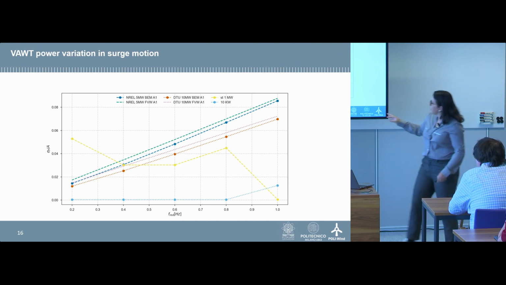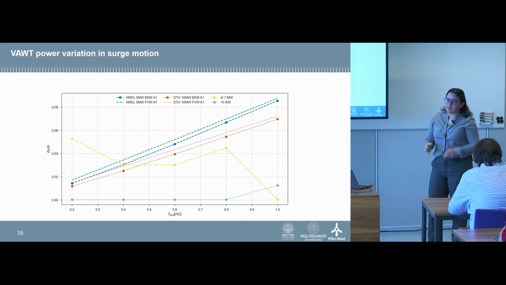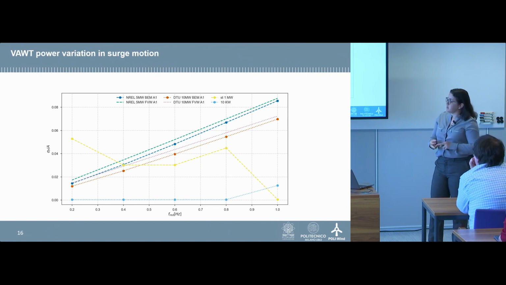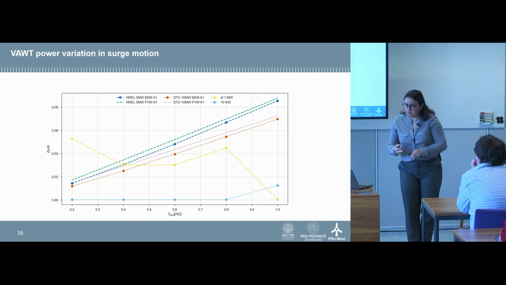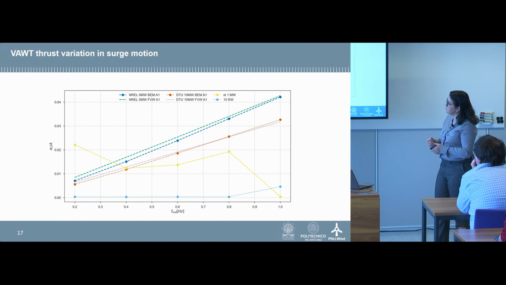However, I can say that in the C12, actually the biggest or the fastest frequency affected the power the least. And we see the same motion in thrust.